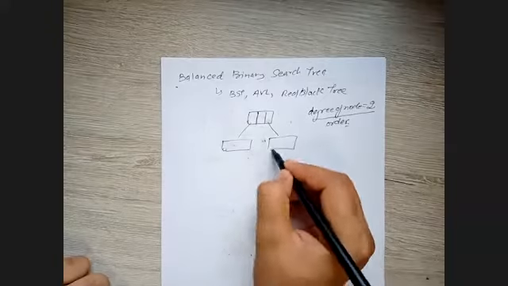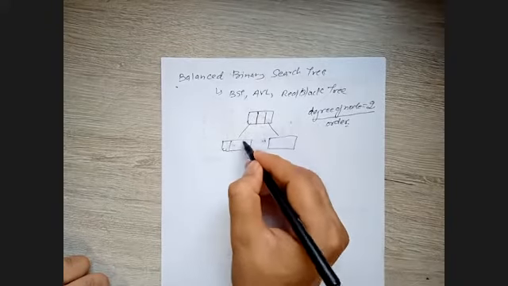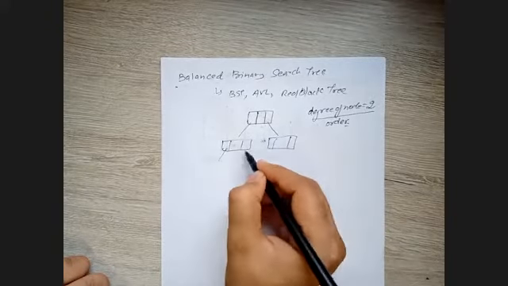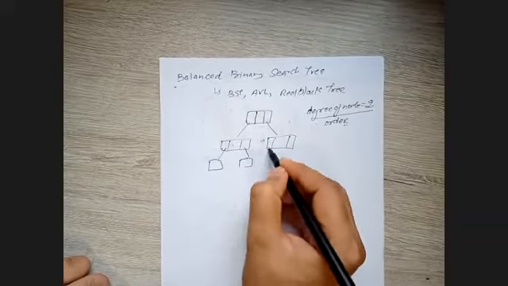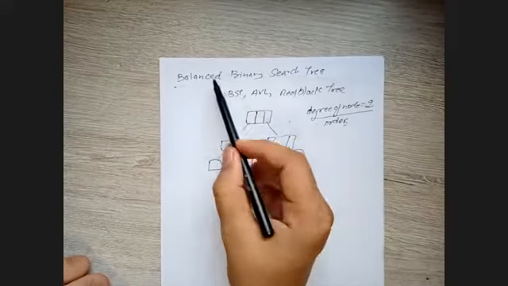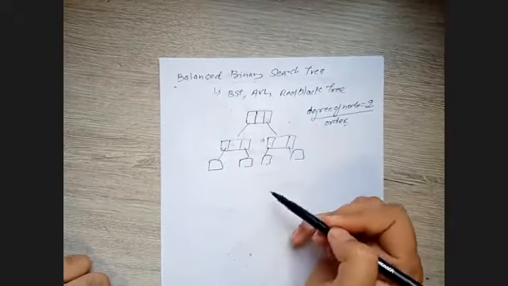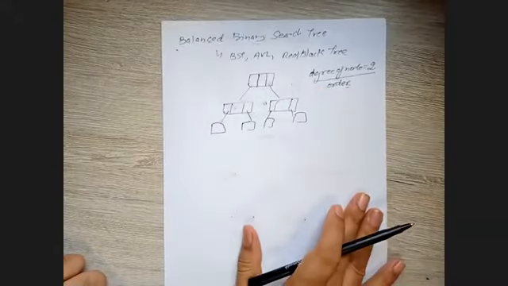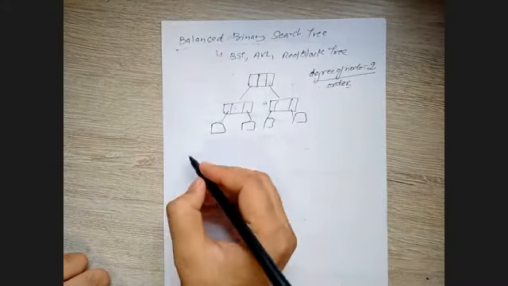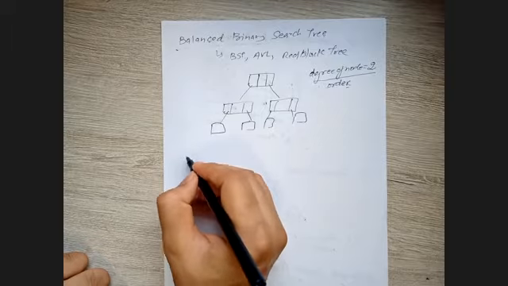Every node has two pointers for its child nodes, and this is called your balanced binary search tree. Binary is there, so you cannot have more than 2 children. And the other is called your balanced search tree only.